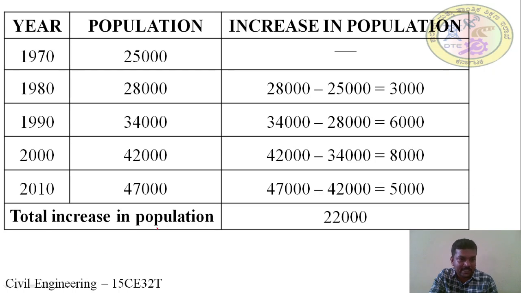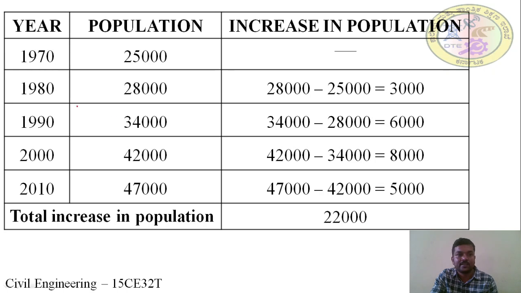After finding the total increase in population, we find the average increase per decade. We already know the total increase in population is 22,000. Per decade we need to find.